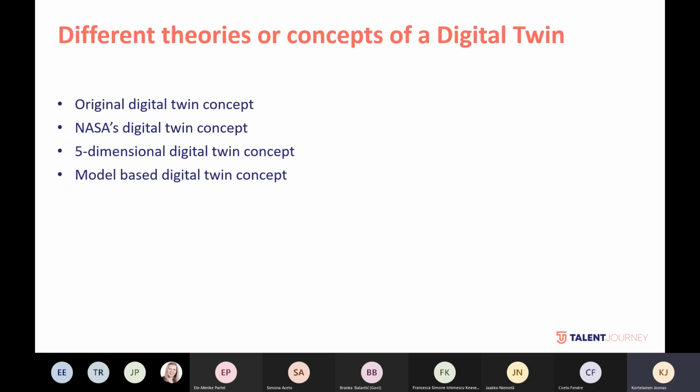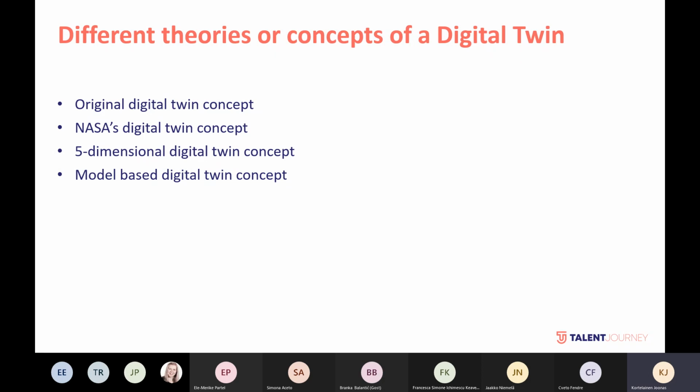There's the original digital twin concept, which we just talked about in the history. Then there's NASA's digital twin concept, which is basically the same as the original concept, but they have targeted it more on the space shuttle, aerospace, aircraft and stuff like that.